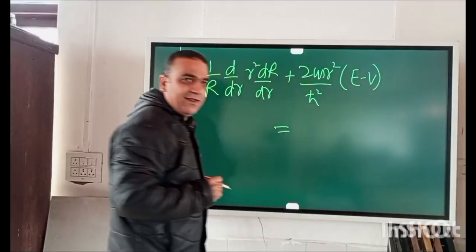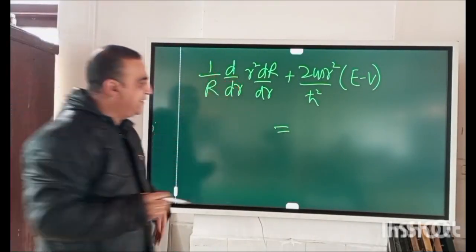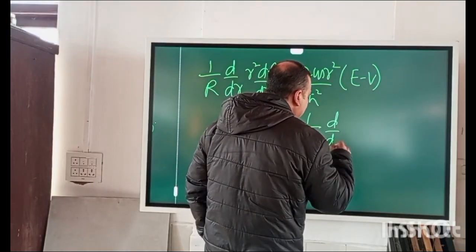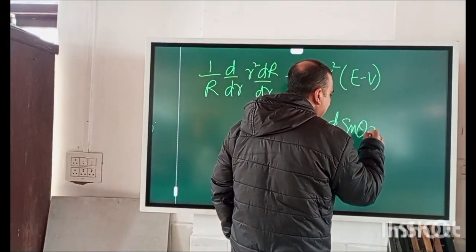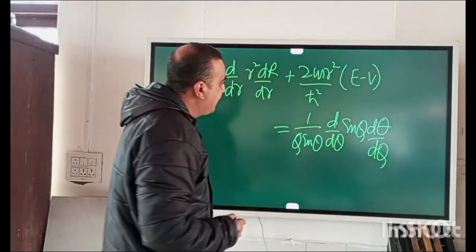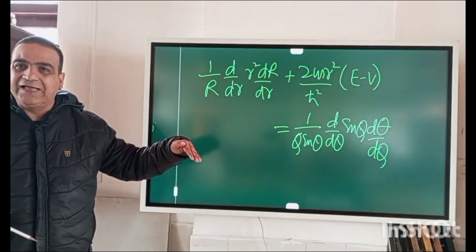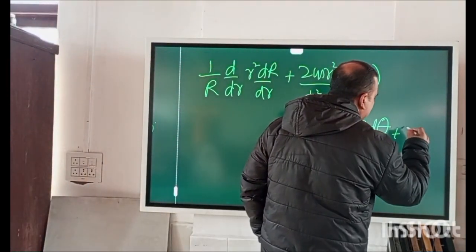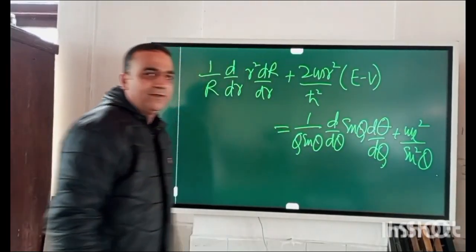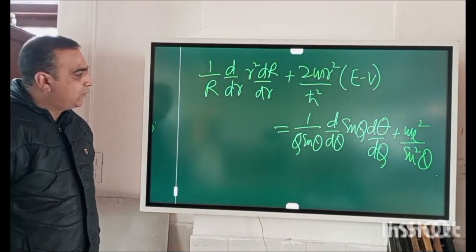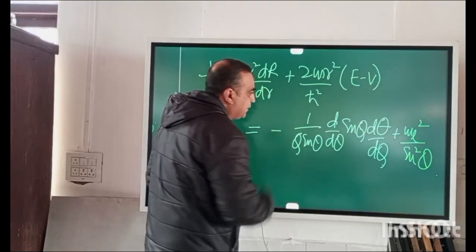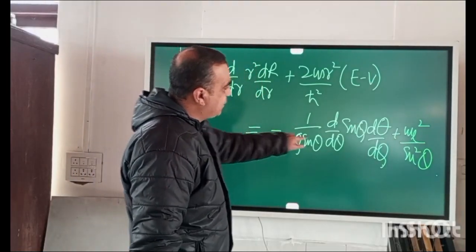This is equal to, I will take the other things on the other side, 1/(Θ sinθ) d/dθ of (sinθ dΘ/dθ), minus m_l²/sin²θ. Did I leave anything? Yes, this one has to become minus. So if this becomes minus, this will become plus.